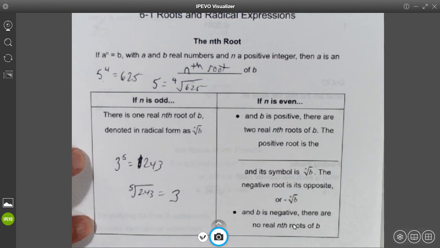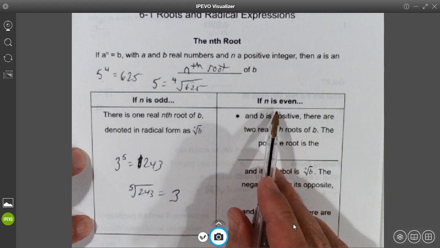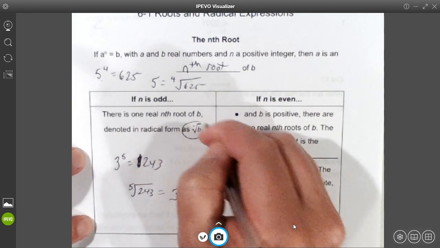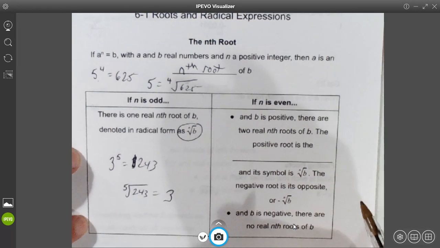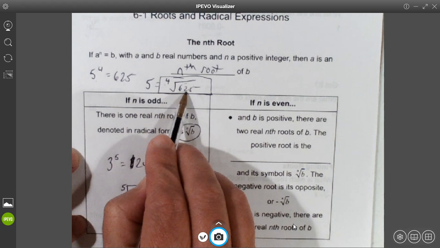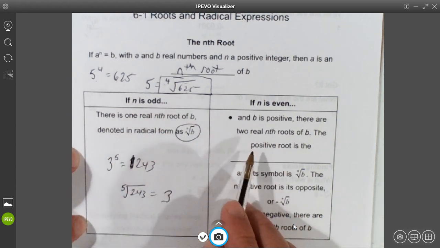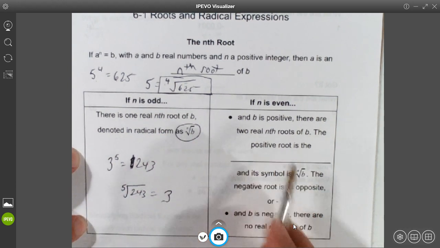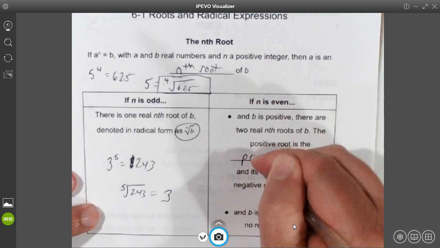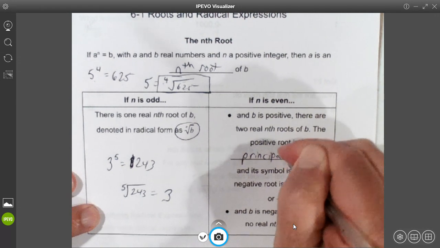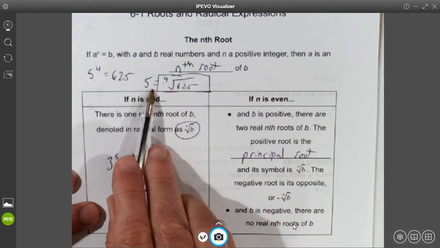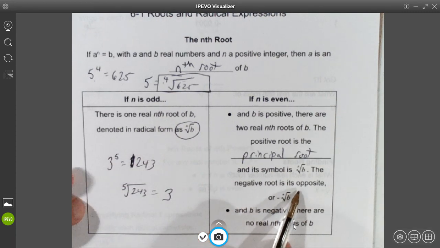Now, if n is even and b is positive, let's focus on this part. Here n is even and b is positive. There are really two nth roots. The positive root is called the principal root, and its symbol is written like this: the fourth root of 625.